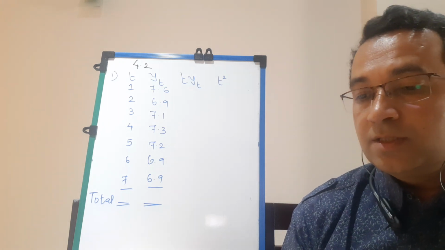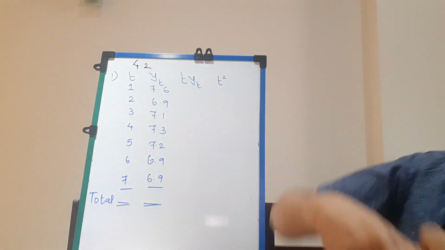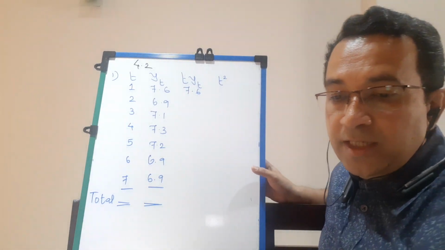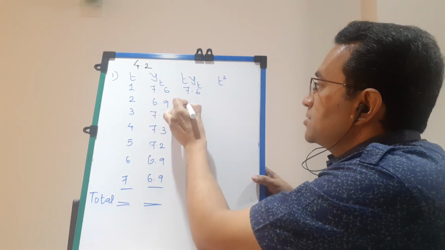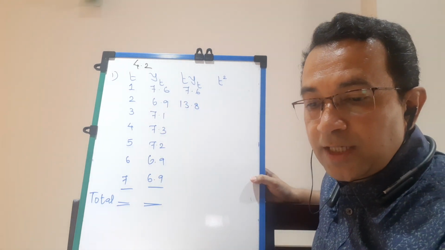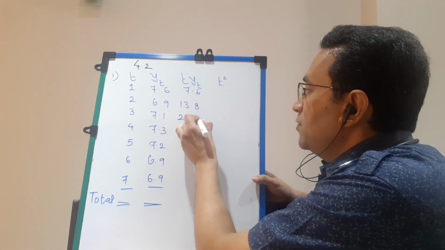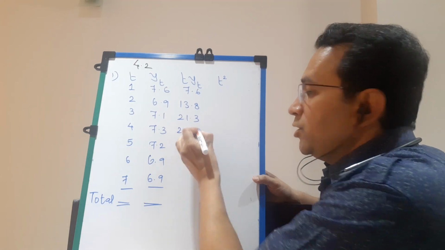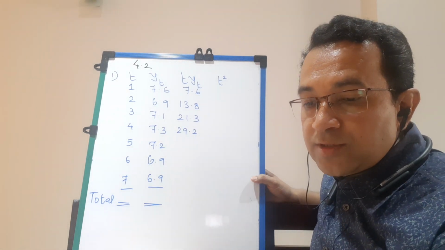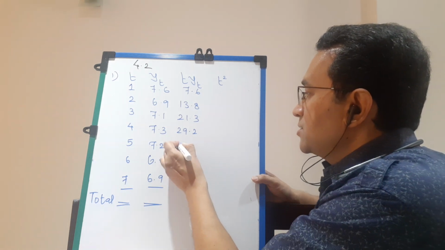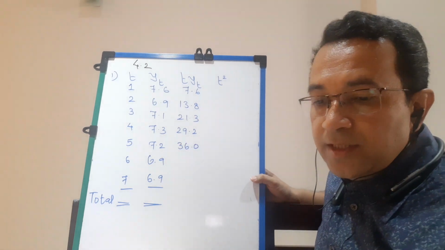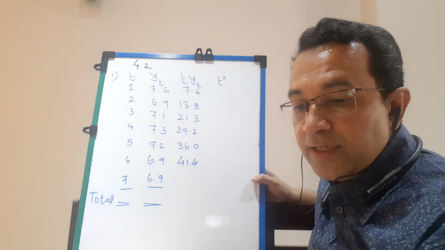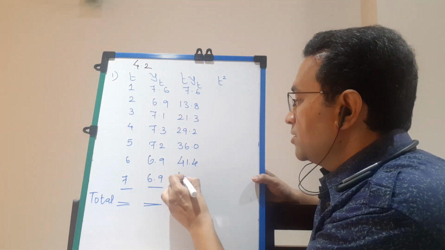Now students, we will multiply t and yt. 1 into 7.6 is 7.6, then 2 into 6.9 is 13.8, then 3 into 7.1 is 21.3, 4 into 7.3 is 29.2, then 5 into 7.2 is 36, then 6 into 6.9 is 41.4, and then 7 into 6.9 is 48.3.